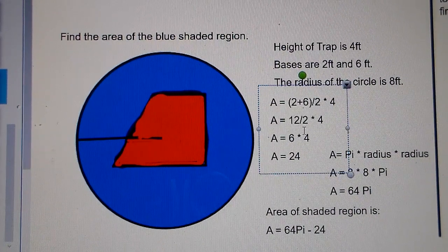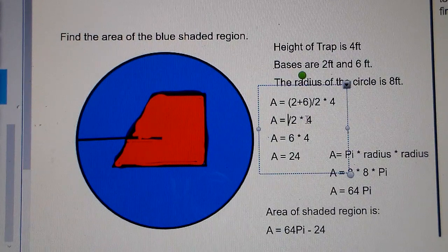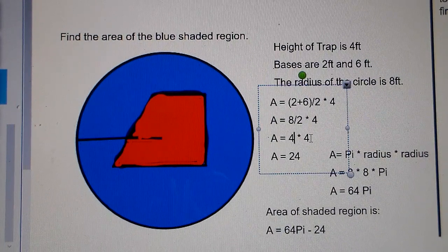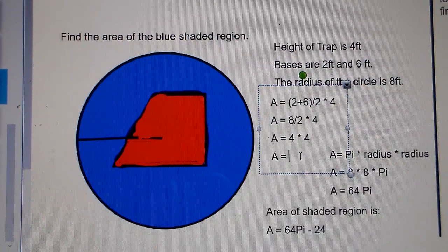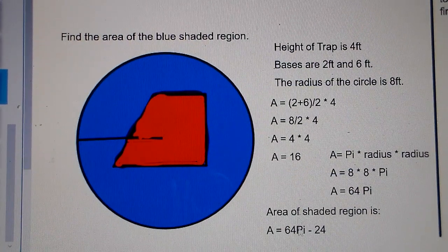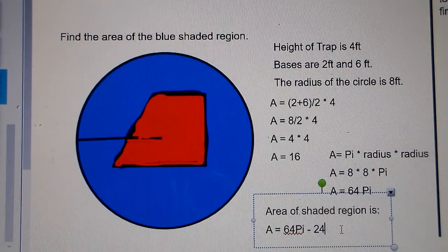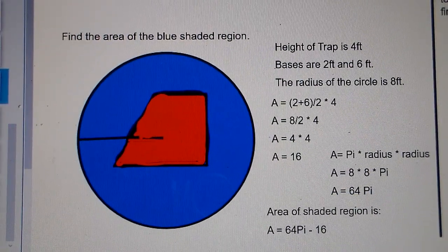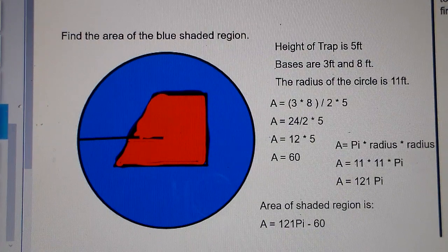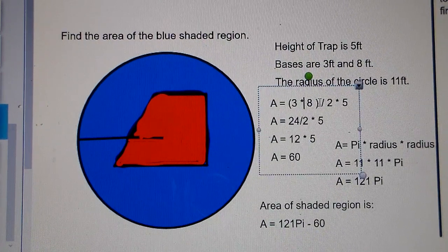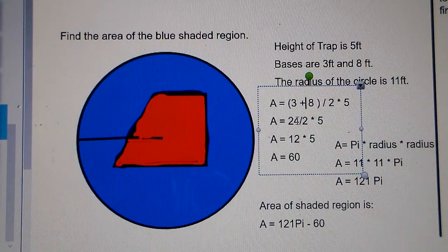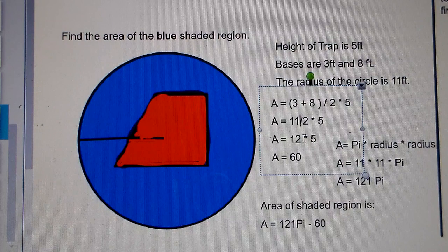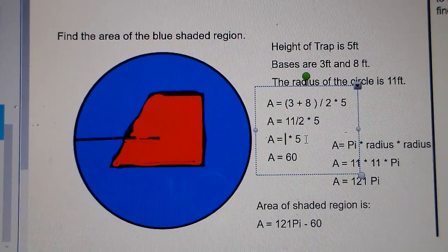2 plus 6 gets us 8. 8 divided by 2 is 4. 4 times 4 is 16. That makes more sense. Then 64 minus 16. And this one is going to be 3 plus 8. 3 plus 8 is 11. 11 divided by 2 gets you 5.5.